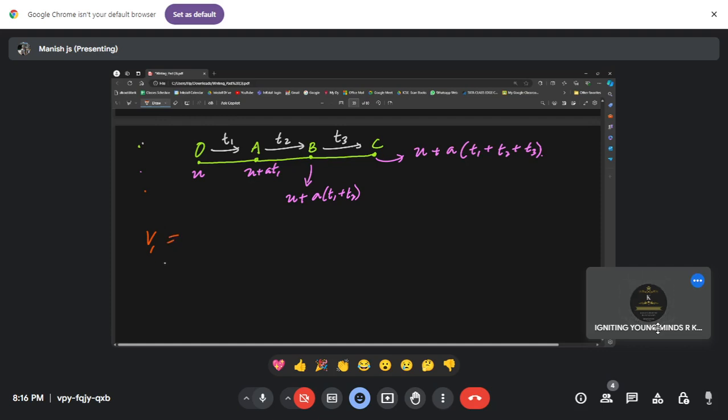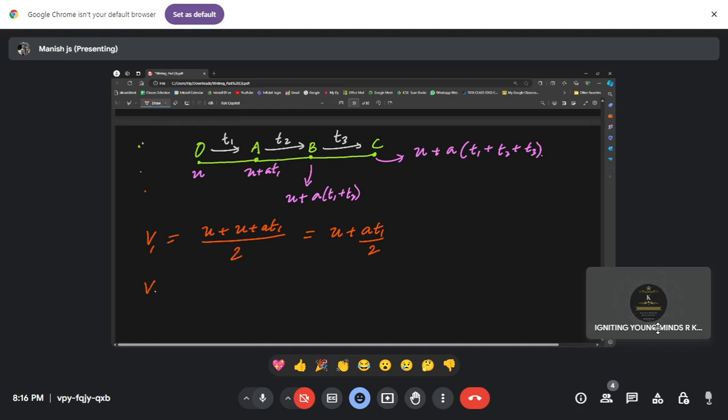That is at point A. You can write this as u plus, just go for a simplification, u plus at1 divided by 2. We're dividing it by 2 because it's successive points. To simplify it, you will get u plus at1 by 2.